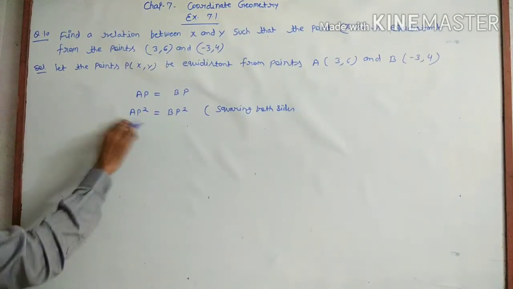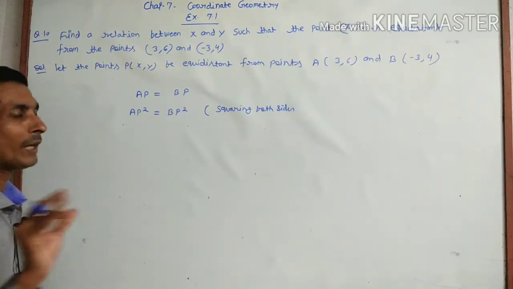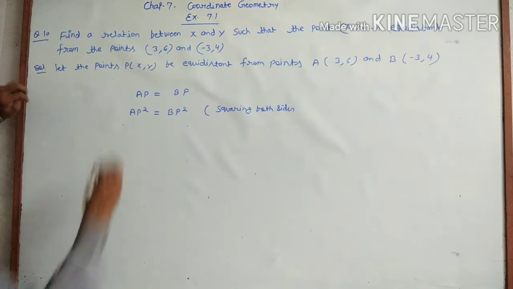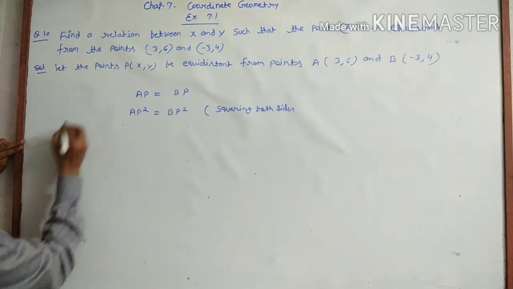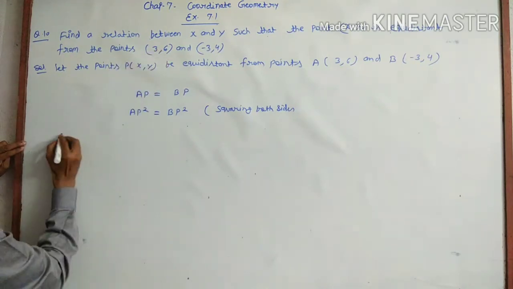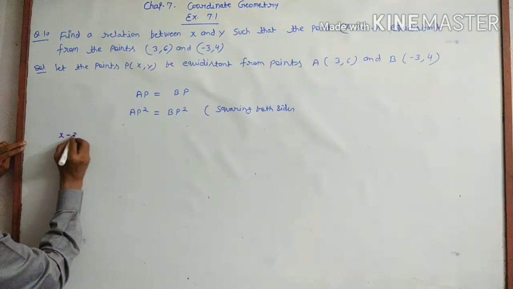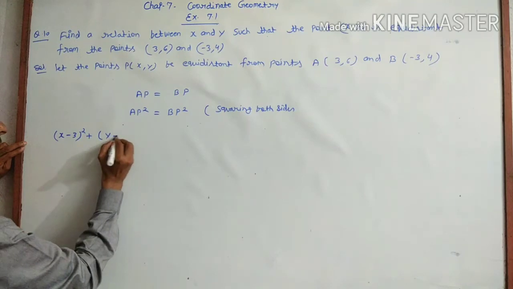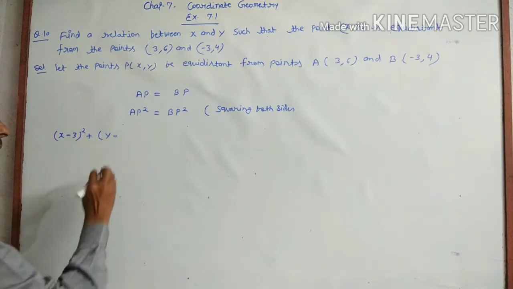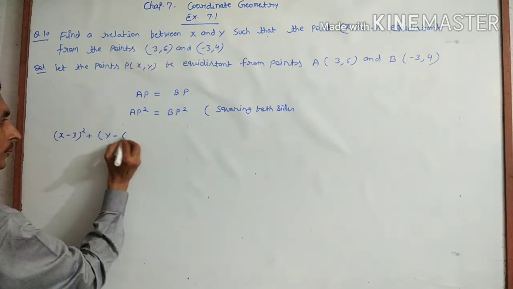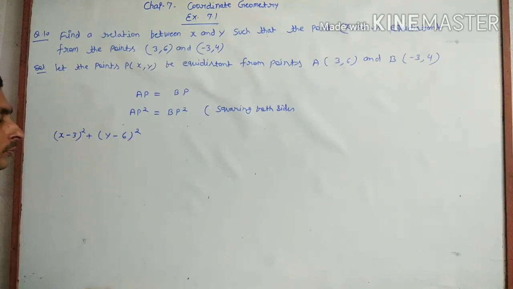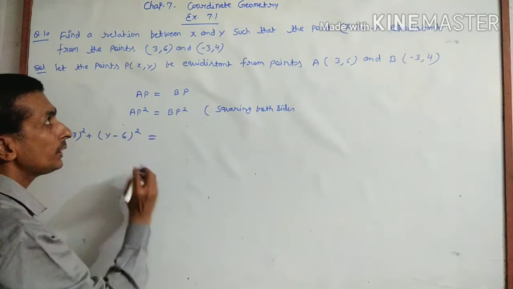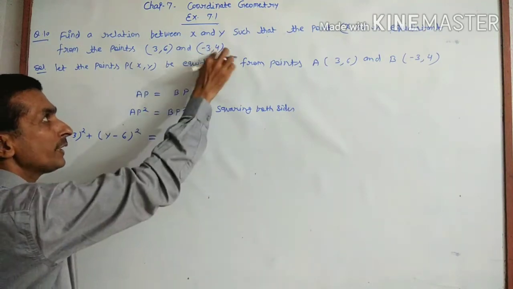Now, for the value of AP, you have to apply the distance formula: x minus 3 whole square plus y minus 6 whole square, and equal to BP, with B minus 3 and 4.